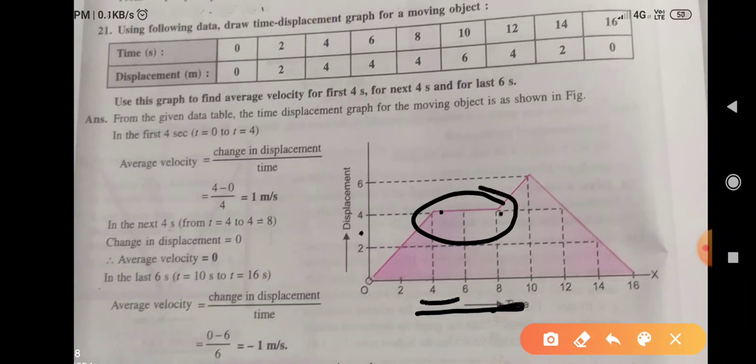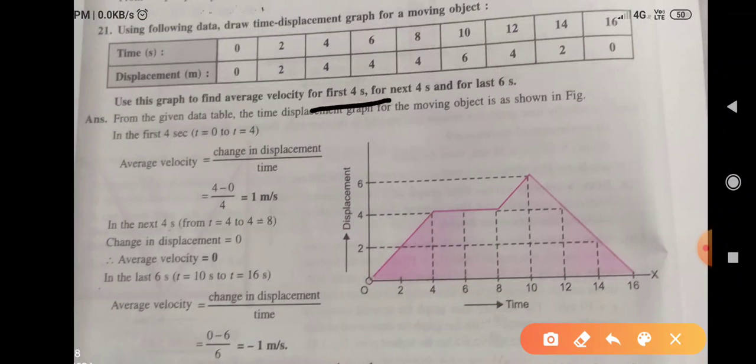So 0 upon 4 will be 0. So the change in displacement is 0 and the average velocity is 0. In the first 4 seconds and the next 4 seconds we got displacement and velocity. If the body was at rest, the velocity was 0.